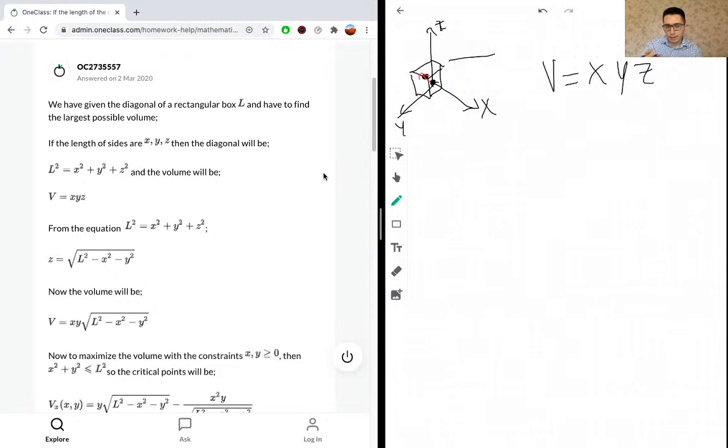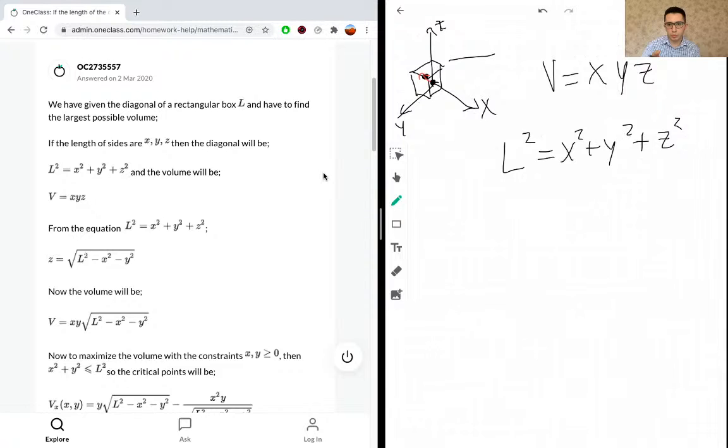And then the length L for any point in space from the origin, the red line, follows the format L squared equals x squared plus y squared plus z squared.